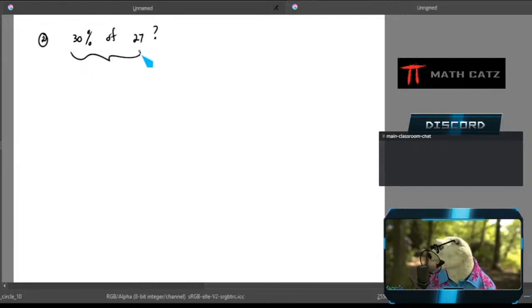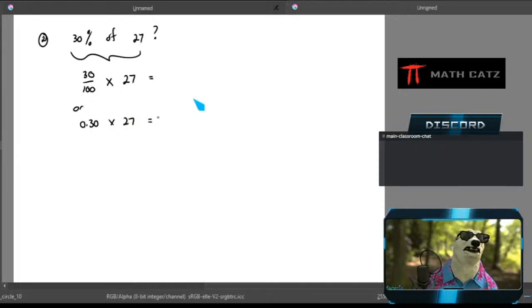So the calculation, in whatever version you want, is 30 over 100 of, which is multiplication, and 27 is my number. Or you could say the decimal version is 0.3, 0.30 if you want, times 27.